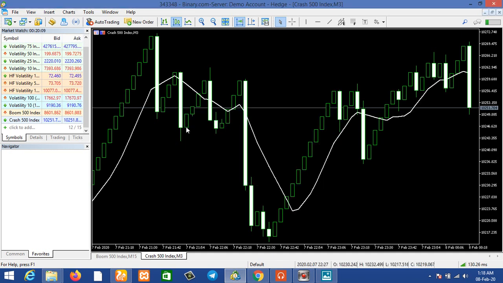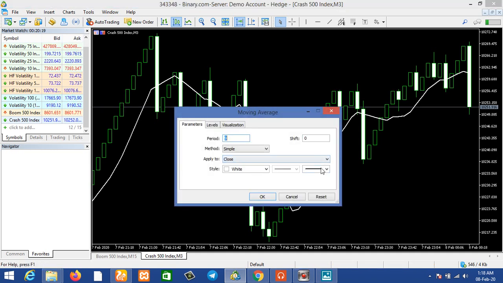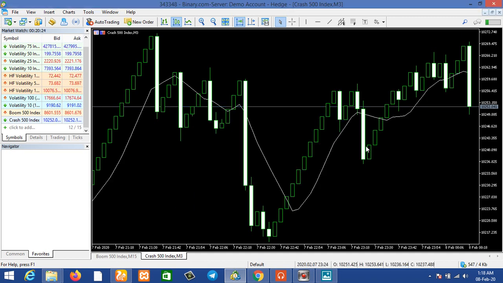So you can see our moving average 9 right here, but I think it's a bit thick. So let me check the properties and reduce the pixels here. Okay, perfect. So this is our moving average 9 right here.